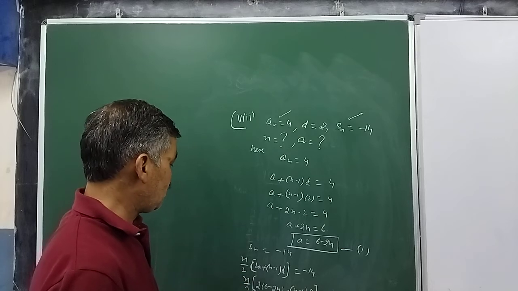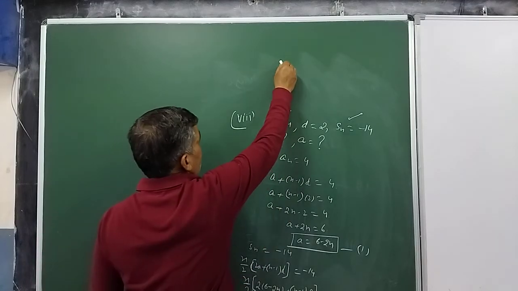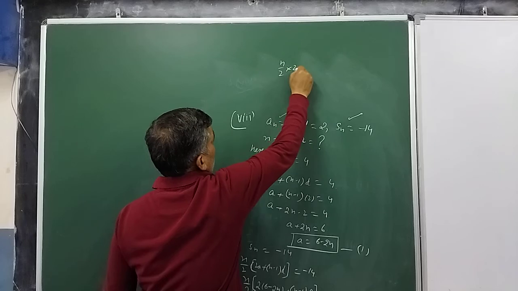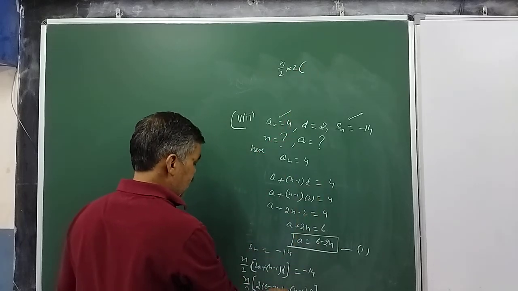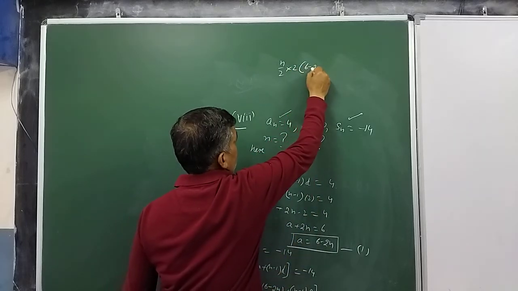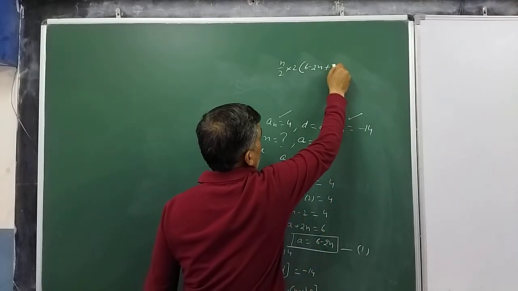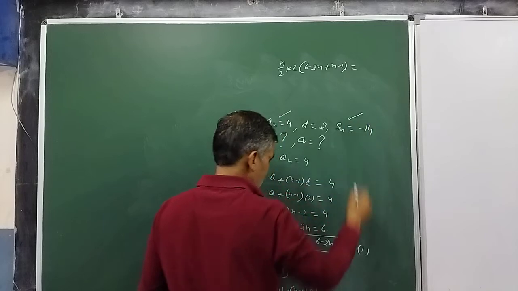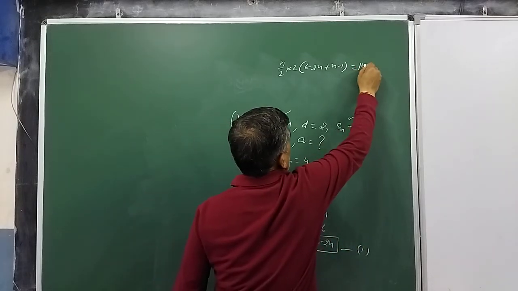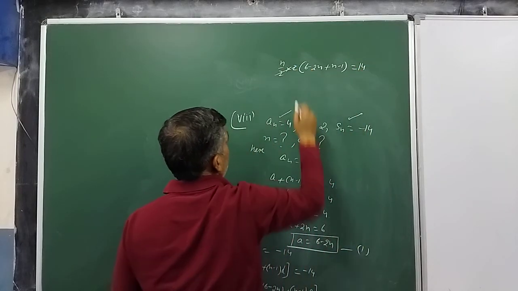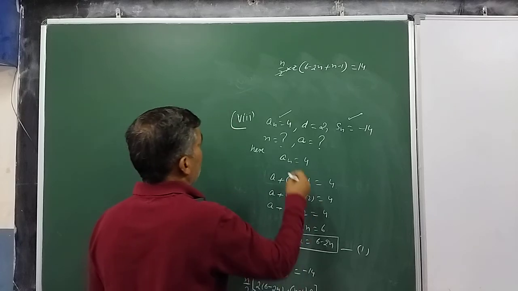So I can take that 2 common. So I will be getting n by 2 into 2 inside the bracket. From here you will be left with 6 minus 2n, plus from here you will be left with n minus 1, and that is equal to 14. So 2 is gone.